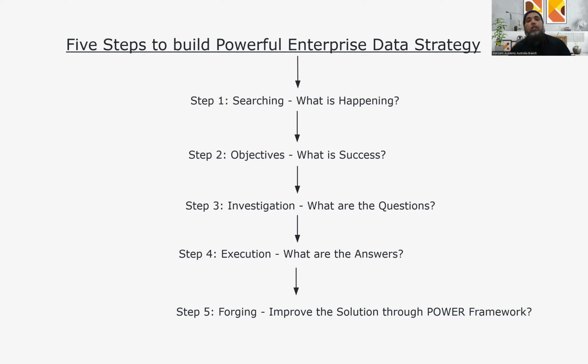The fourth step is obviously, once you have the questions, the next step is to find out the answers, because that's where we execute our strategy, right? Up to step 3, we are defining our strategy. In step 4, once our questions are clear, and don't get me wrong, we are not going to follow the waterfall model, because waterfall is no longer relevant unless you have a very clear or process-oriented organization, which are very few in the 21st century, right?